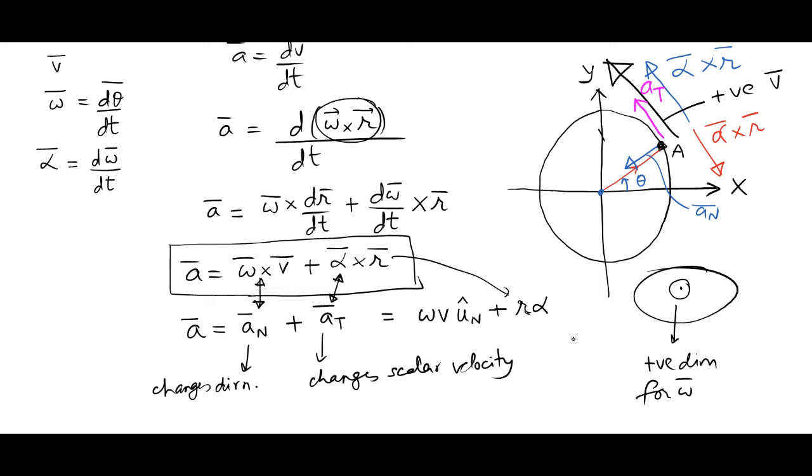This is consistent with the direction of motion, which is in the anticlockwise direction. So you be consistent, you allot the same direction for alpha bar as positive. So both alpha bar and omega bar have the same common positive reference direction.